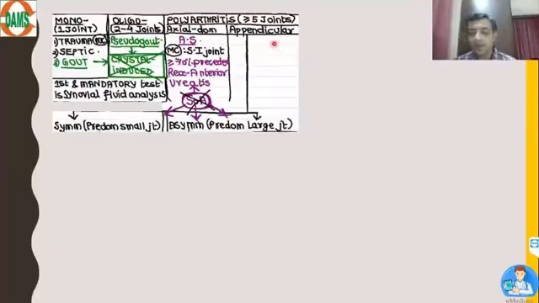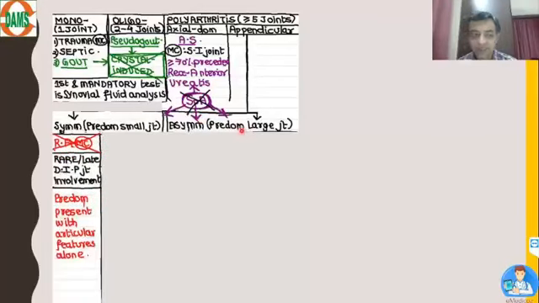Appendicular dominant was divided into two based on whether it is symmetrical small joint or asymmetrical large joint. We had made this classification.